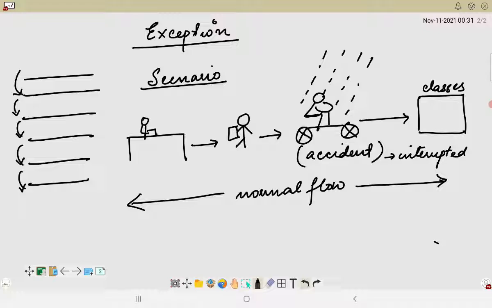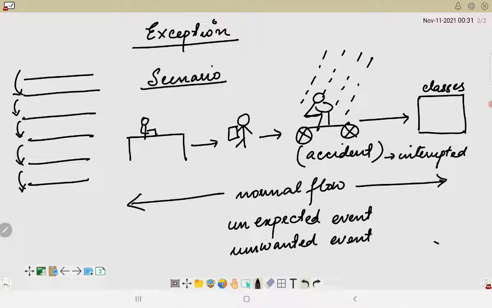This situation in a normal flow of a student's daily life is known as an exception. So this is basically an unexpected or unwanted event which is interrupting the day-to-day normal flow, which is not letting the normal flow of the program take place.